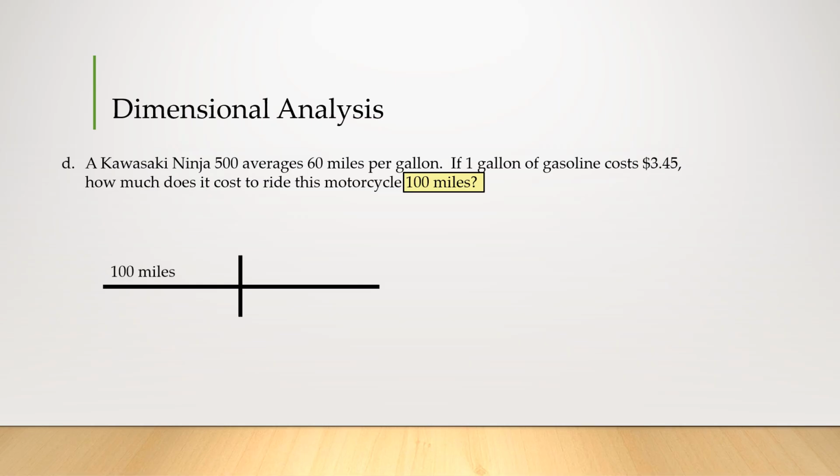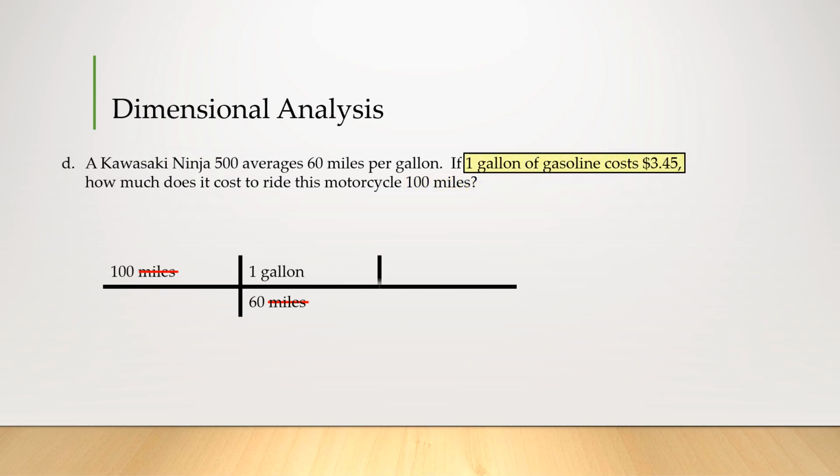We can multiply that distance by 1 gallon over 60 miles to get how much fuel is burned. See how the miles above and below the line would cancel, and this product would be in gallons. Next, multiply by our cost of gasoline, and the fuel cost for this trip would be $5.75.